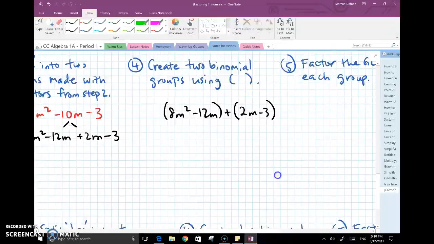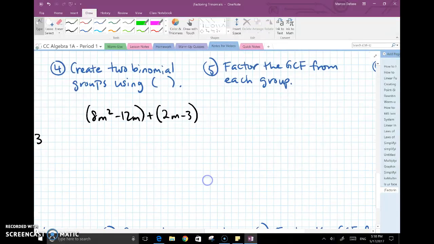Let's move on to step 5. Now we will factor a GCF from each of these binomials. So if you look at the binomial over here, my numerical GCF of my coefficients would be a 4. So I will pull out a 4. And if I notice carefully, I have an m on each term inside.